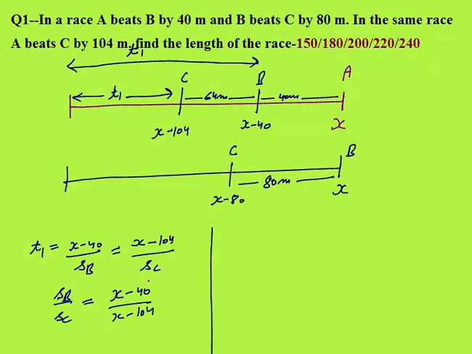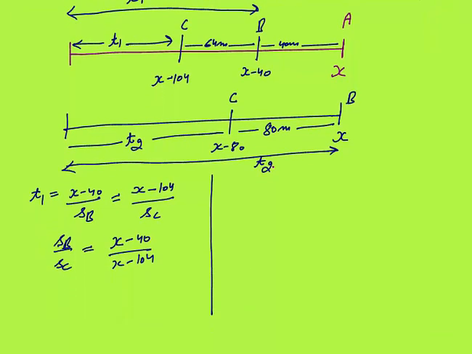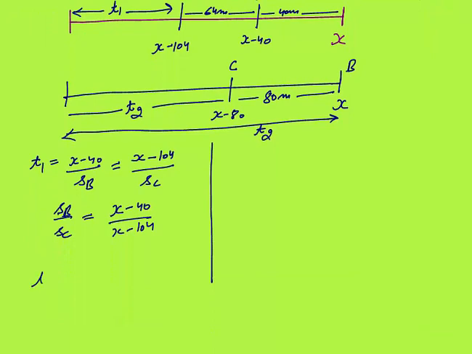Second situation, case second. In the time t2, C covered how much distance? X minus 80. In the same time t2, B covered the complete race. B covered the total x distance. Now time is again same, you can see that. So time is distance upon speed.